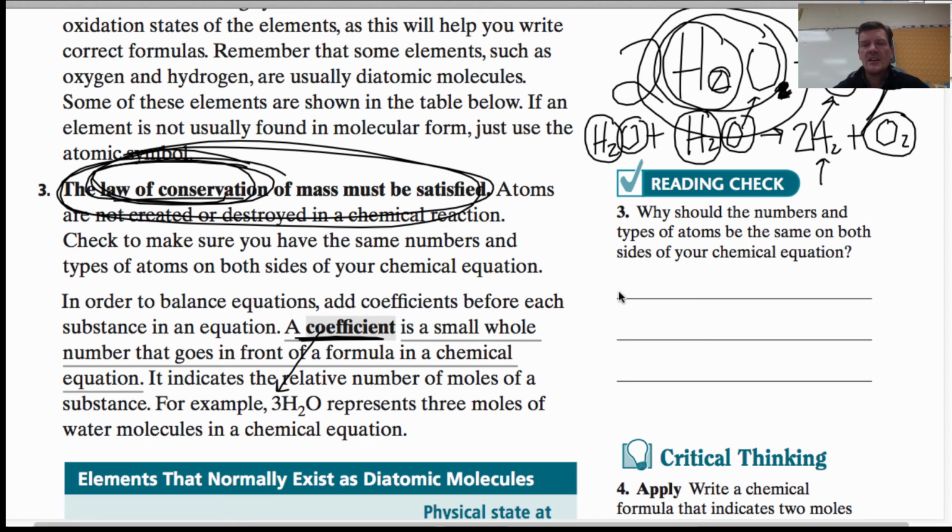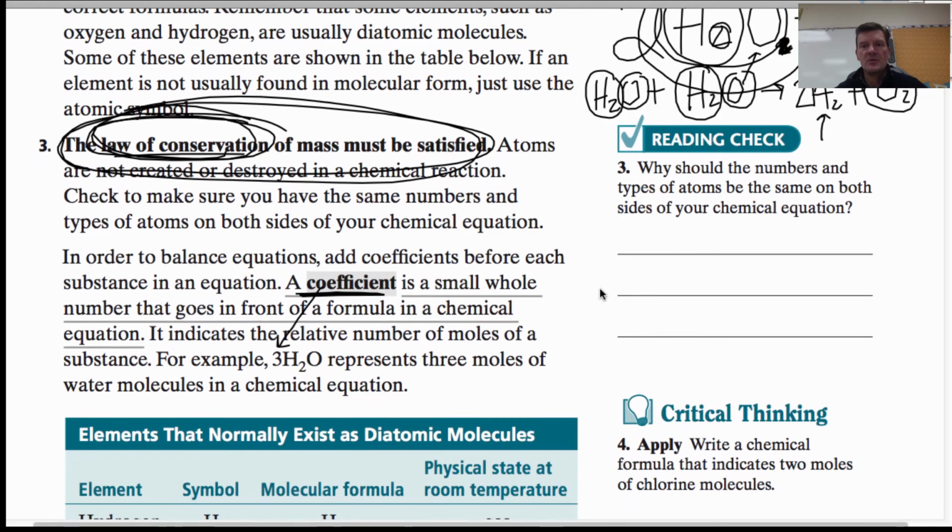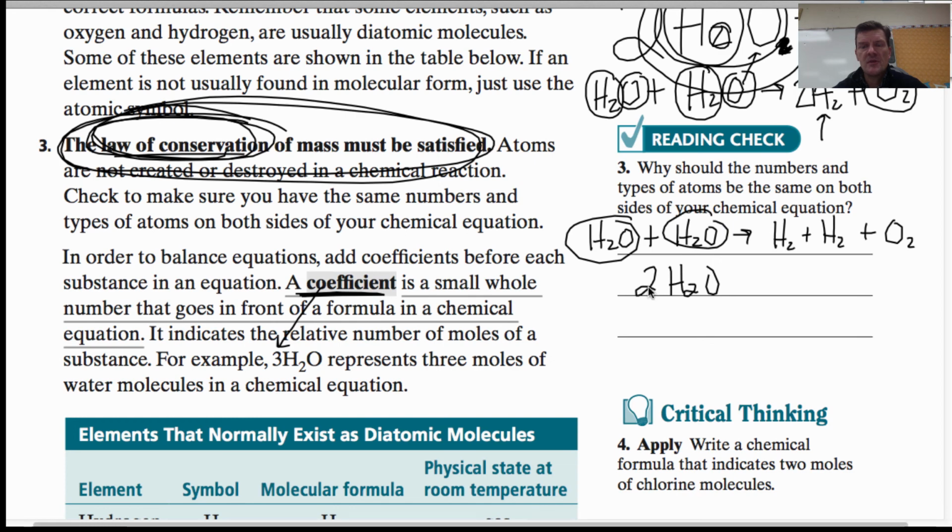So really, this is what my chemical reaction looks like. It's a water molecule combining with another water molecule to form 2 hydrogen molecules and 1 oxygen molecule. That's what's really happening. We don't write them all separate like that, though. We write them like this. There are 2 waters, so I put a coefficient of 2 in front of the water.